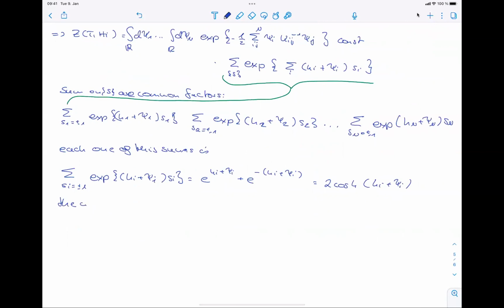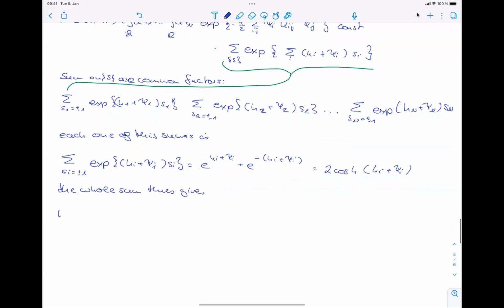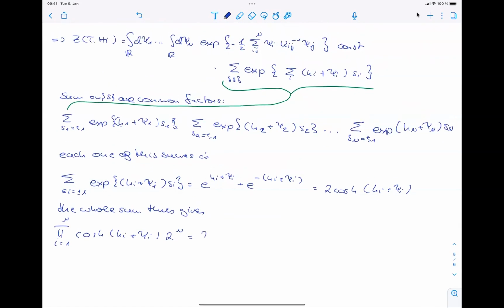So the whole sum gives a product over all i of cosh(h_i plus psi_i) times 2 to the power of n, which I'm going to rewrite as 2 to the power of n times the exponent of the sum again over states of the ln of the cosh(h_i plus psi_i).